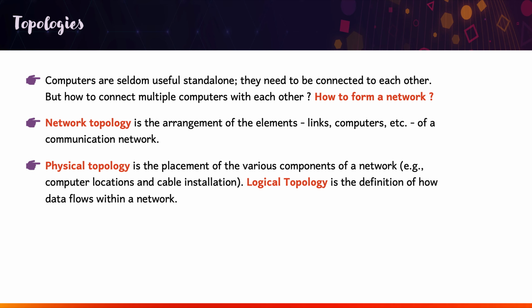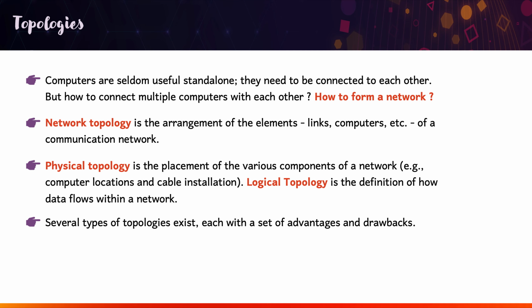In most cases, there is not much of a difference. But as you will learn in subsequent classes, sometimes there is a difference, and that difference is important to understand. For now, let's know that there are two kinds of topologies, physical and logical. Physical means how the elements are interconnected, and logical means how the data flows within a network.